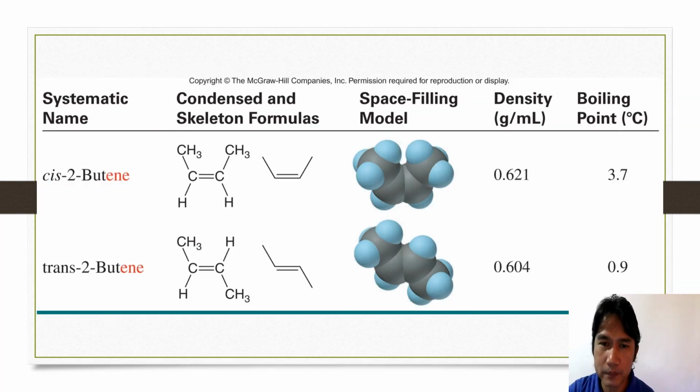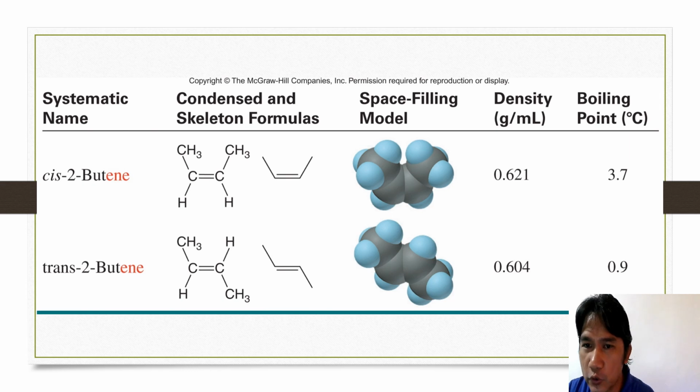So these are two examples of geometric or cis and trans isomers. Okay, one is called cis-2-butene, the other one is trans-2-butene. What is the difference between the two?